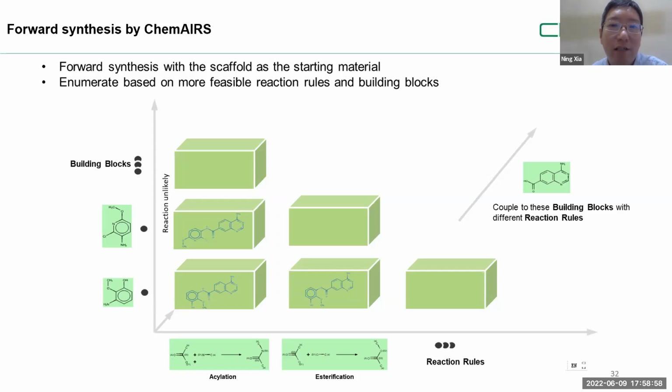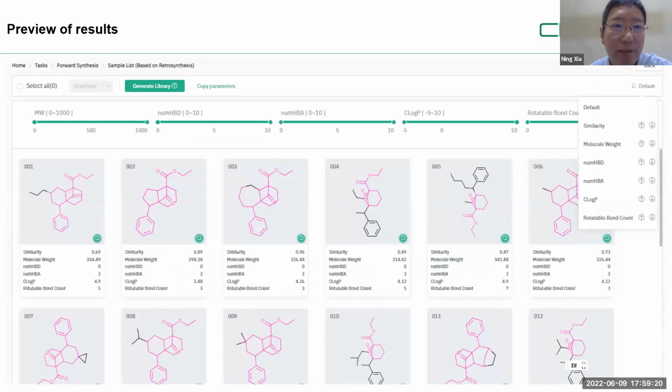This is a tool made by Chemical.AI, and we can generate a lot of similar molecules, starting from available building blocks or in-house building blocks, and using a similar synthesis route to give a library. For example, we generate a library like this.